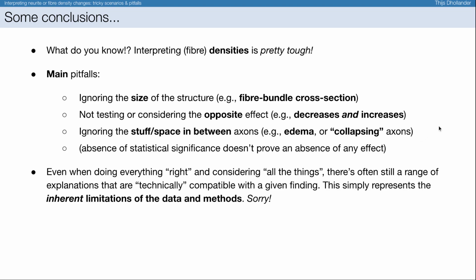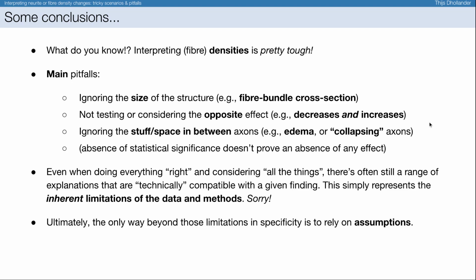So even when doing everything right and considering all the things like we just have, there's often still a range of different explanations that are technically compatible with a given finding. So our specificity is inherently often limited. And that's just an inherent limitation of diffusion MRI data and the methods that come with it. Some of these bits we can just not technically overcome. So ultimately, the only way to get beyond those limitations is to rely on a few assumptions.